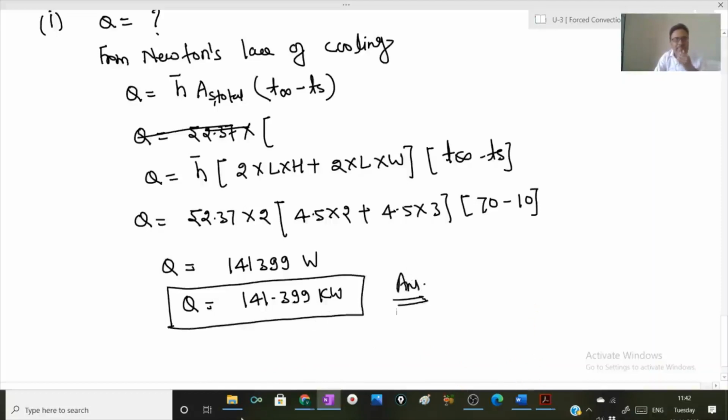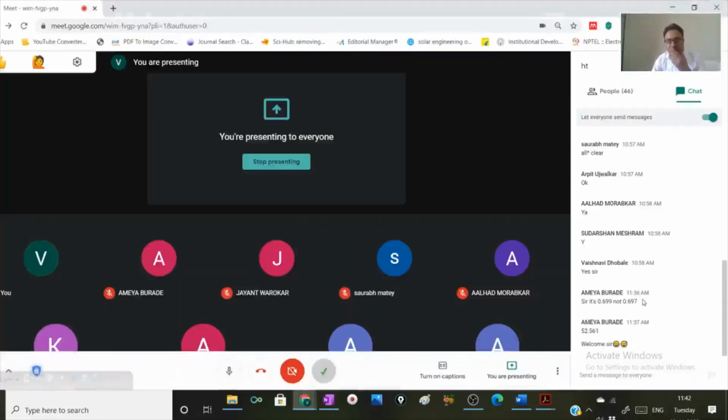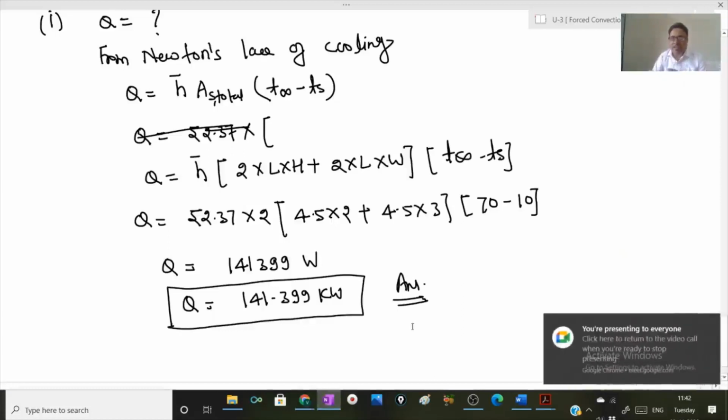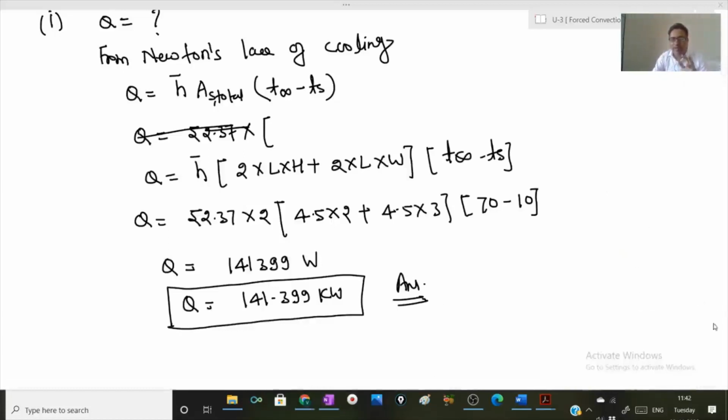Okay. Yes, it is mentioned. See, in the very beginning I have discussed that heat transfer from the desert area to the truck body in a real sense will be taking place from all the 6 surfaces: top, bottom, right, left, and front and back.